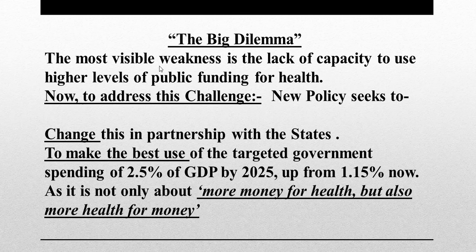The discussion on this slide will help you understand the broad contours, the features of this policy in the subsequent slides. Now see, the most visible weakness is the lack of capacity to use a higher level of public funding. As we all know, the growth level of India is quite high compared to what the world is achieving.